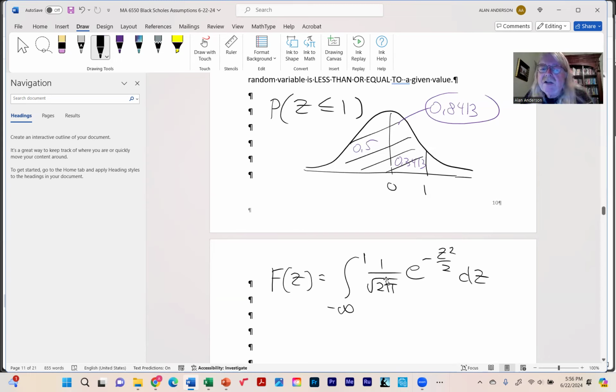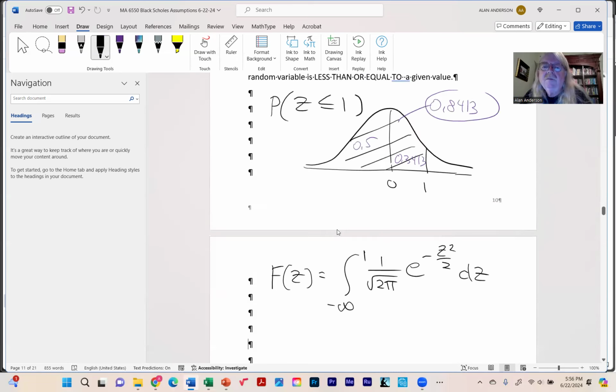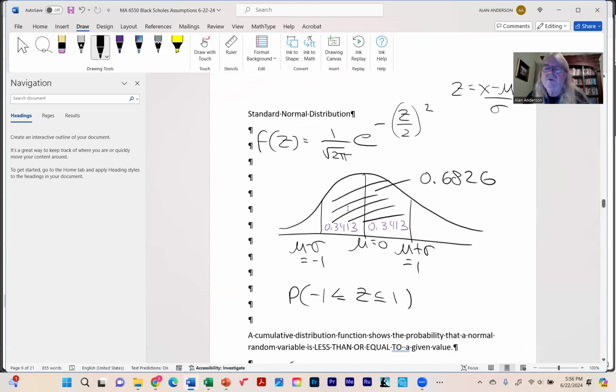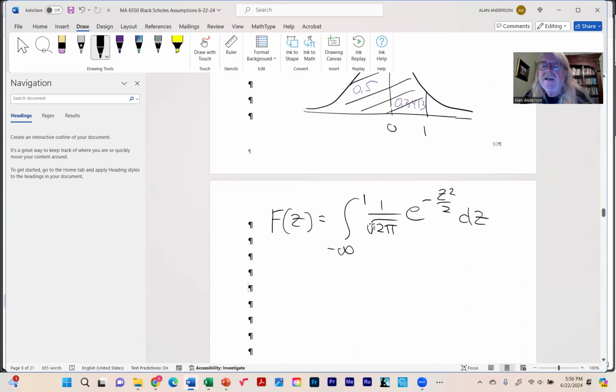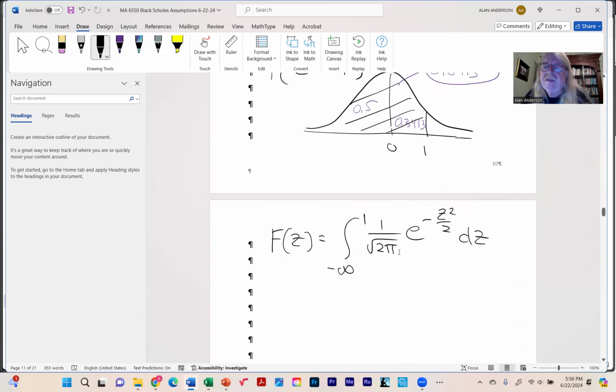I don't think there is an actual closed formula for this, and we don't really need one, because all we need to know is that we're integrating the probability density function over the range from negative infinity up to whatever value we need. That integral will give us the appropriate probability.